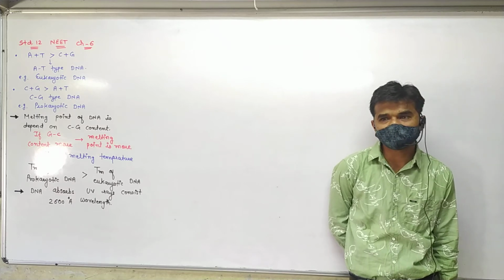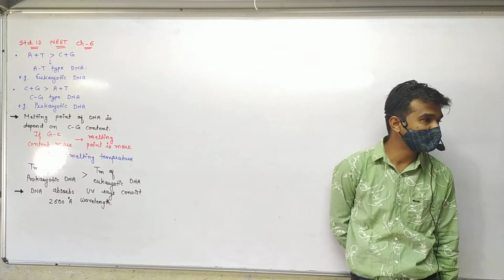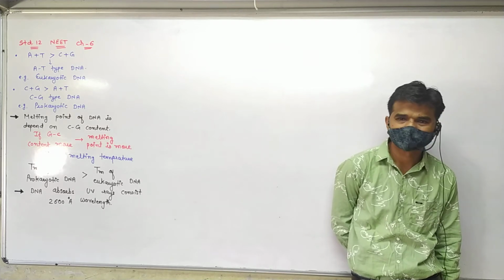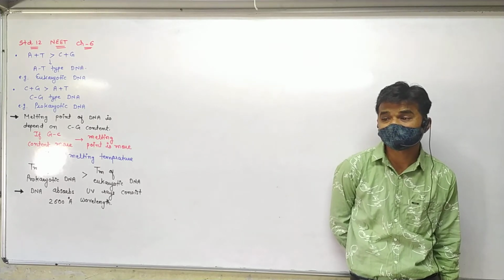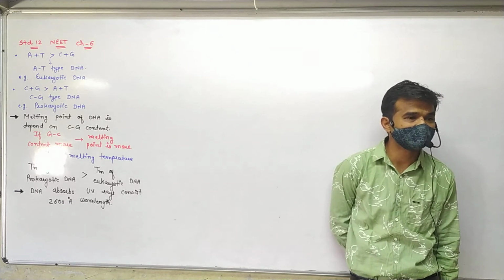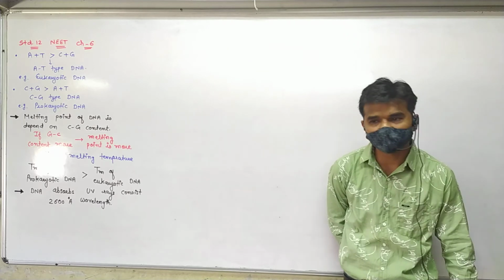Ordinary DNA polymerase cannot be used there. Why? Because it is thermostable DNA polymerase. Taq polymerase is known as thermostable DNA polymerase. At high temperature, DNA polymerase is maintained in its state. So Taq polymerase is used there.